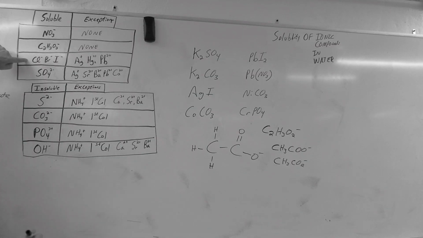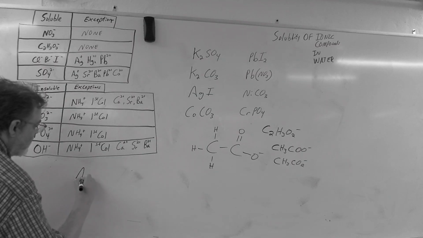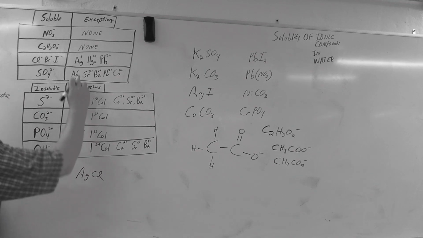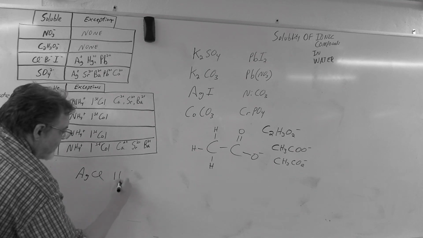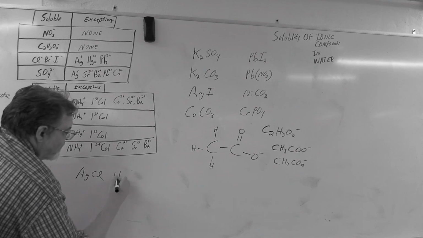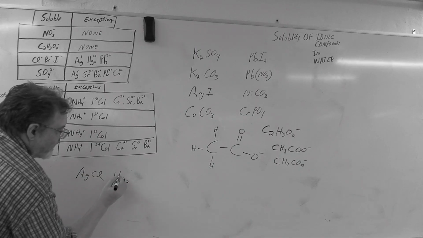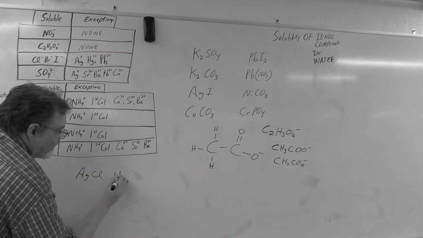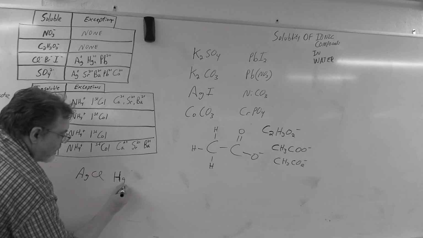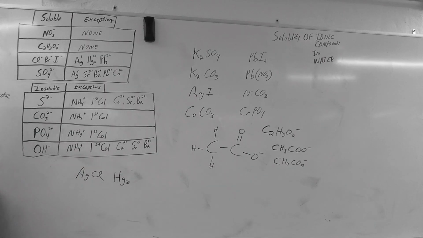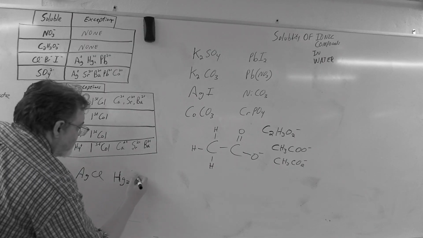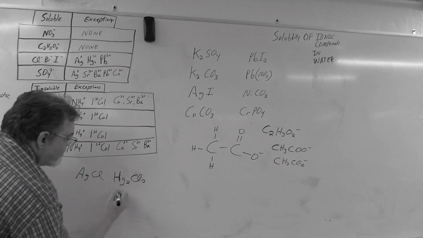This one is saying, for instance, chloride, AgCl, Hg2, it's called mercuric. It's 2 mercury. It's a fairly common ion. Hg2Cl2.